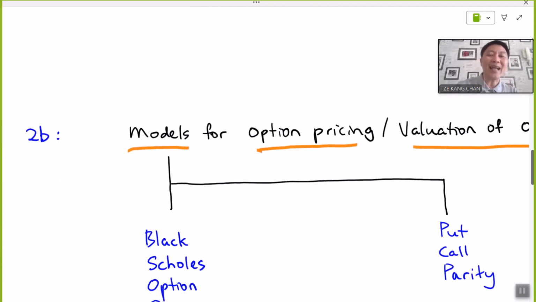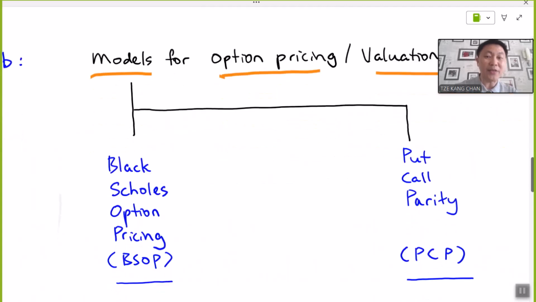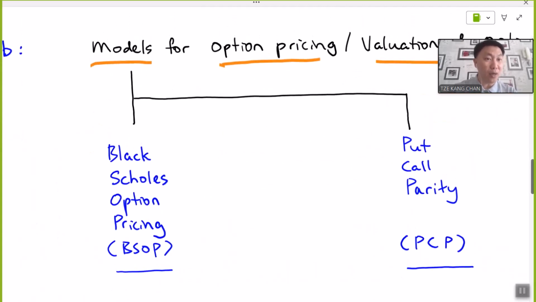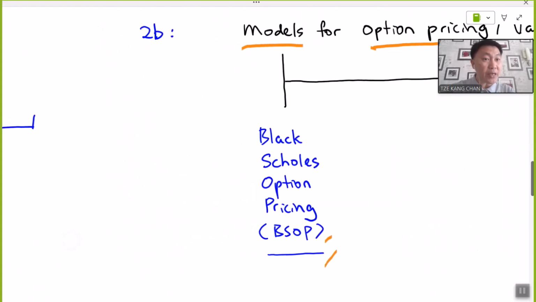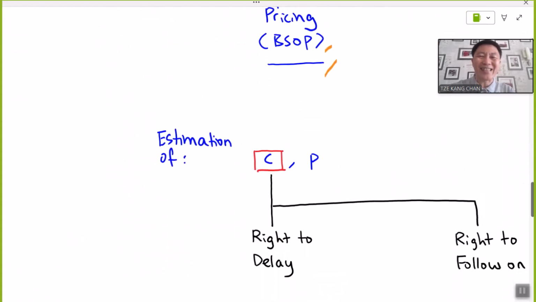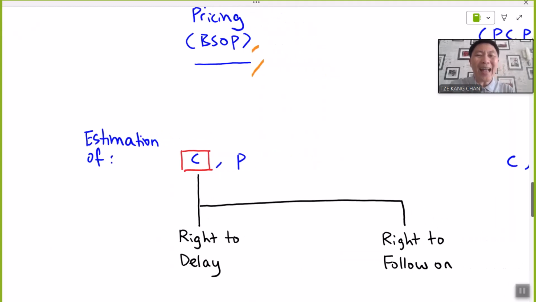So what exactly are the models in use? As mentioned, there are two main models, namely Black-Scholes options pricing, in short called the BSOP. The second model in use is the put-call parity model, PCP. As you may be aware, to apply especially the BSOP model, these are the applications of the models to estimate.